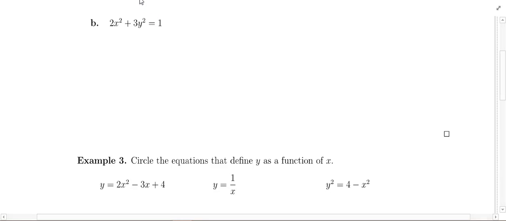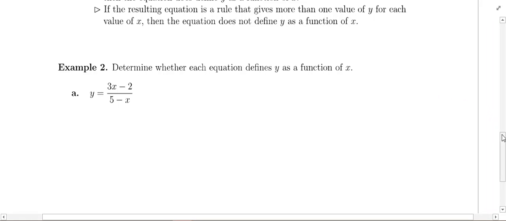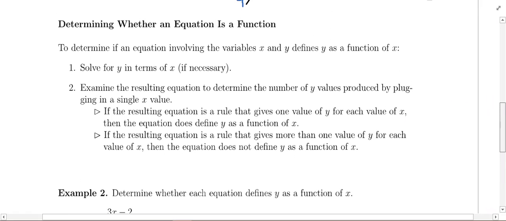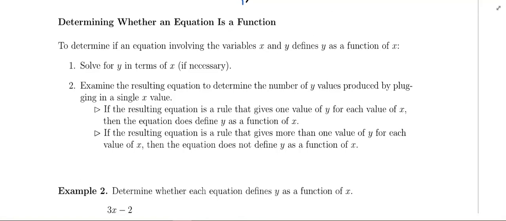Let's go back to the middle of page 2, where there are some instructions on how to determine whether an equation is a function. To determine if an equation involving the variables x and y defines y as a function of x, you're first going to solve for y in terms of x, if necessary.